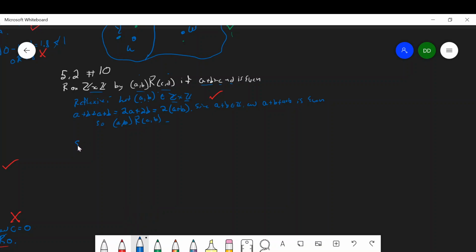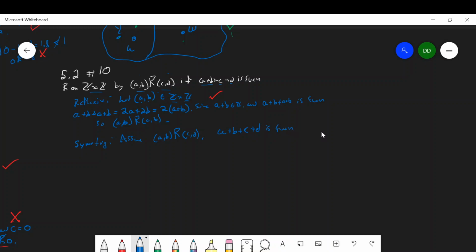Okay, what about symmetry? Here we want to show if A is related to B, then B is related to A. But A and B here, we're talking about pairs. So assume (A, B) is related to another pair, (C, D), and I'd like to conclude that (C, D) is related to (A, B). What does it mean that (A, B) is related to (C, D)? That means A plus B plus C plus D is even.